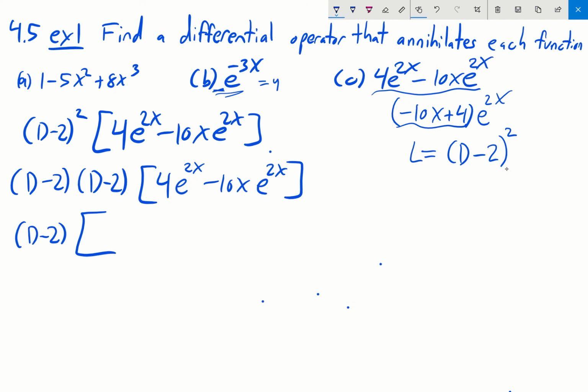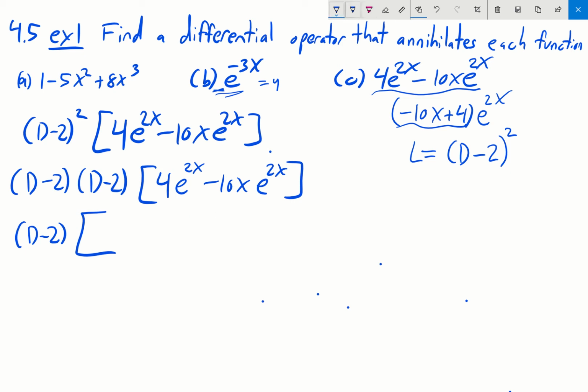We're going to have D - 2. Let's see if I can clean up the penmanship. We need to apply that to 4e^(2x). Actually, let me do it like this instead.